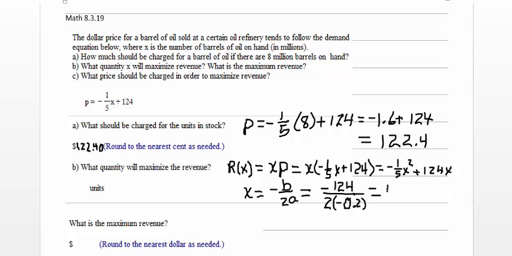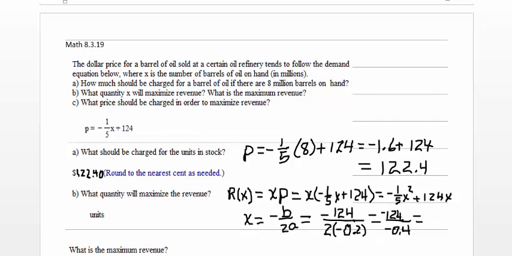So negative 124 divided by negative 0.4 equals 310. So the quantity that will maximize revenue is 310 units.